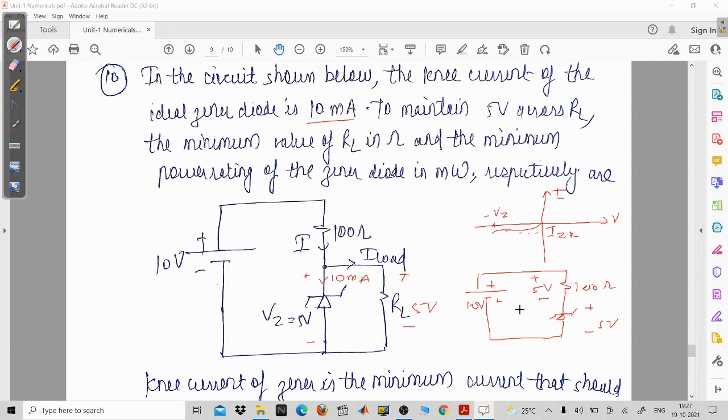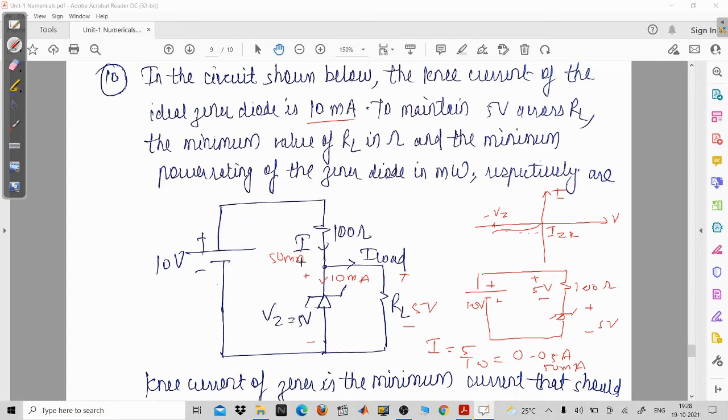Fine. So now you can easily find the current value. I will be equal to 5 upon 100, and that will give you 0.05 ampere, or 50 milliampere. So 50 milliampere current is flowing from the 10 volt source.